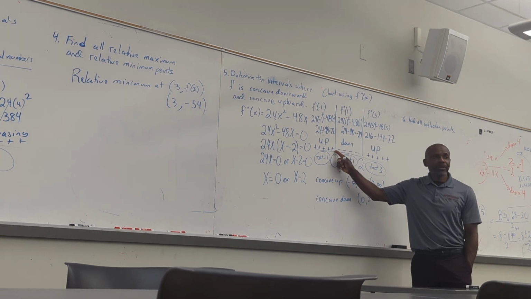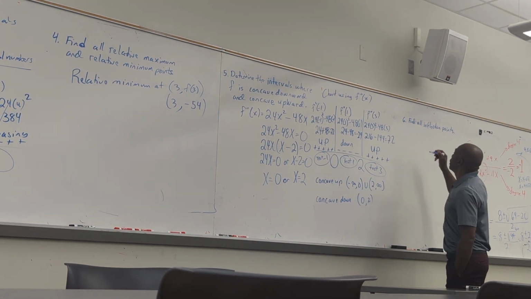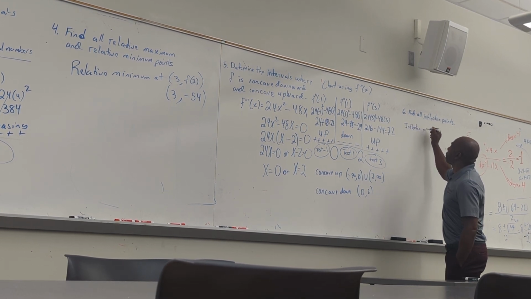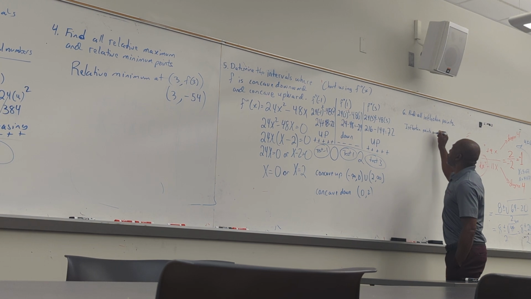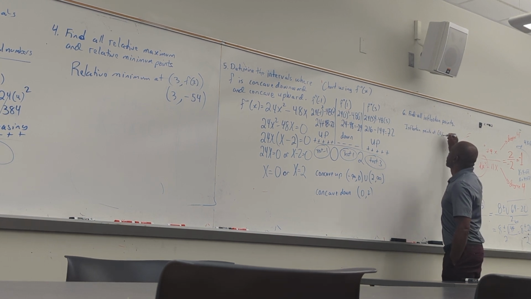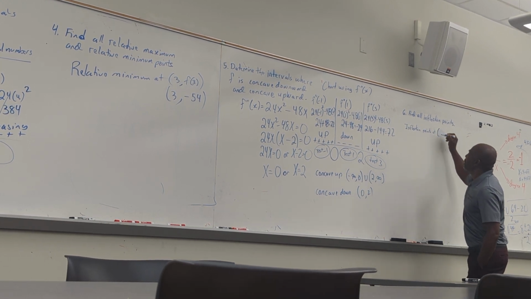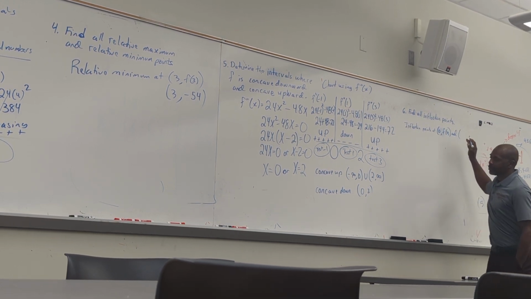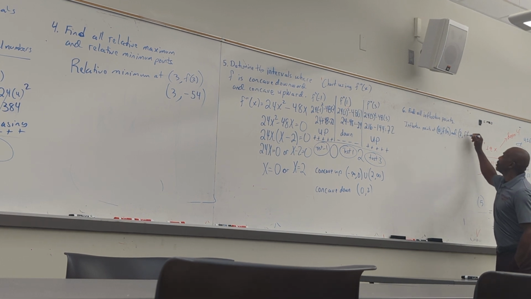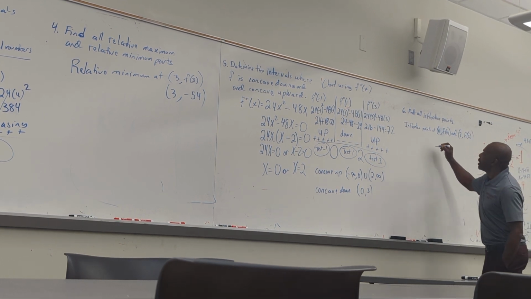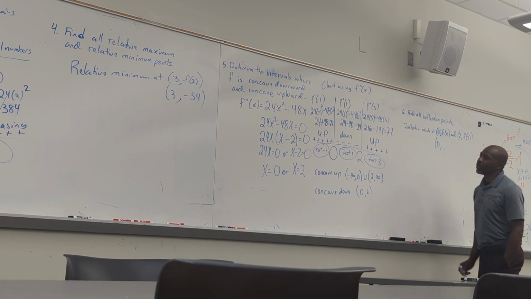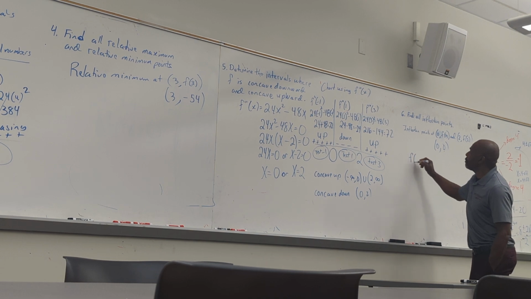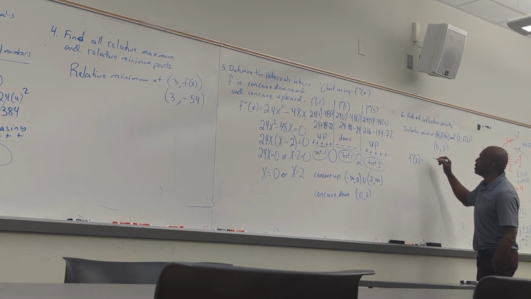So I know I got an inflection point at 0. So the inflection point is at 0, f of 0, which is 0, and the other one will be at 2, f of 2. If you put in 0, you already know you're gonna get 0. Now you have to find f of 2. So f of 2 is?